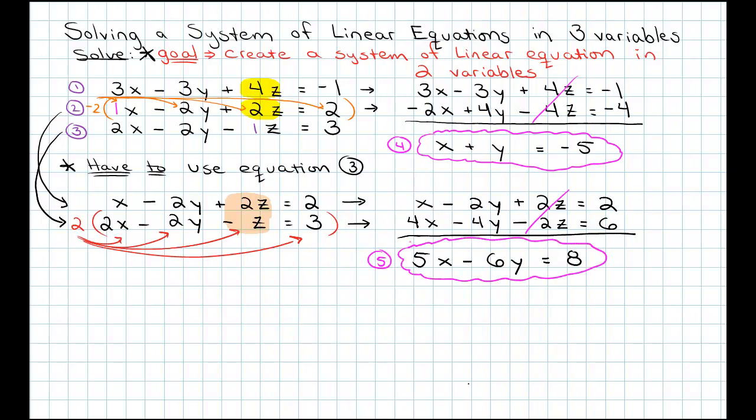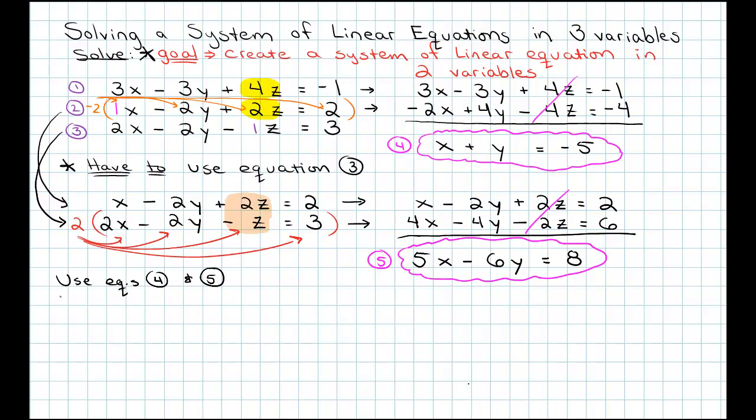So if you're looking at our two equations that we have here, equation number 4 and equation number 5, what we have achieved is that we have created a system of linear equations in 2 variables, and we already know how to solve these systems. We can use the method of substitution, or we can use the method of elimination. Okay, so now I'm going to write here, we are going to use equations 4 and 5.